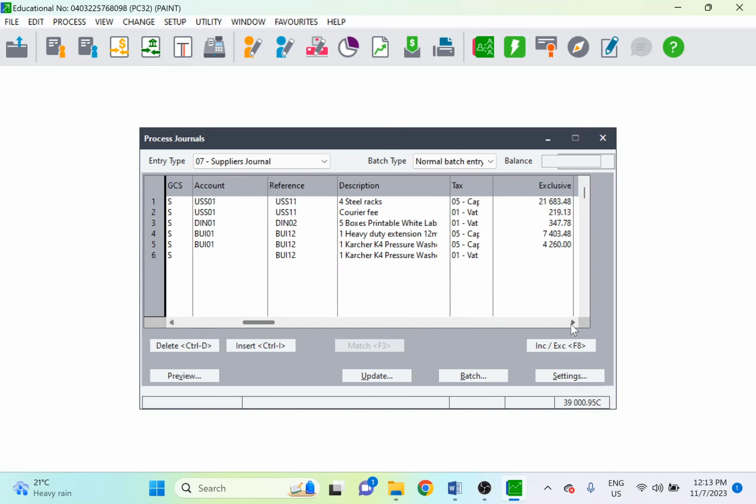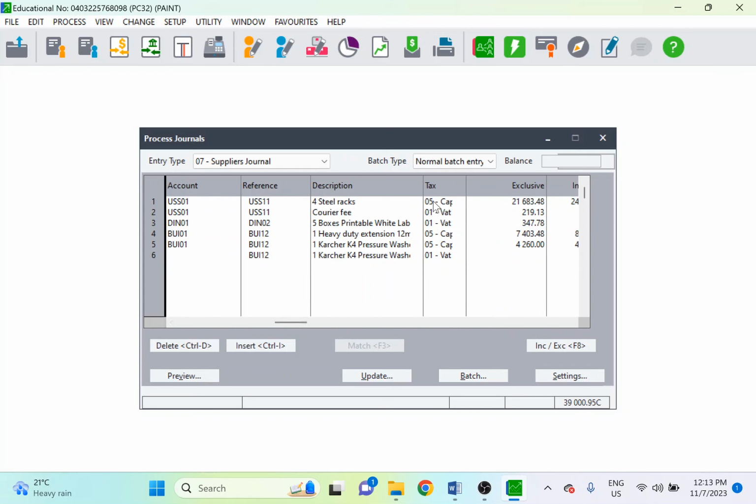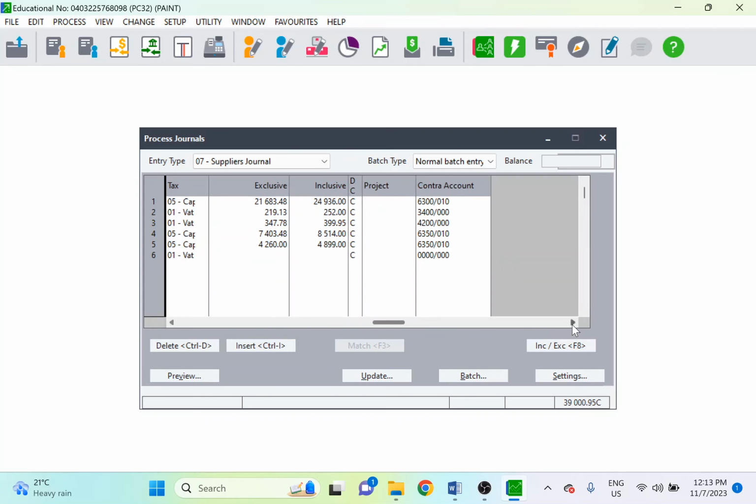And then another mark, you were getting 1 mark for capital goods, 1 mark for 2 standard rates for courier and printable, 1 mark for 2 capital goods from build it, and then you were also getting 1 mark per amount, 24,000, 1 mark for 252, 1 mark for 399, 1 mark for 8,500, 1 mark for 4,899.